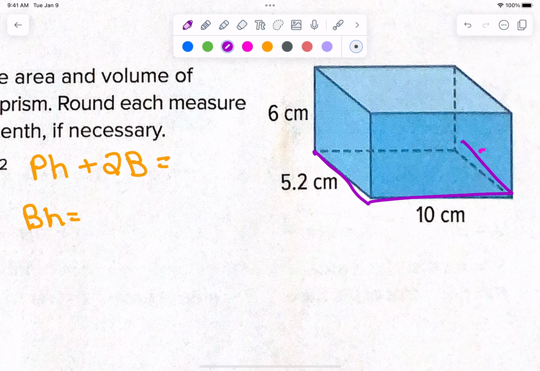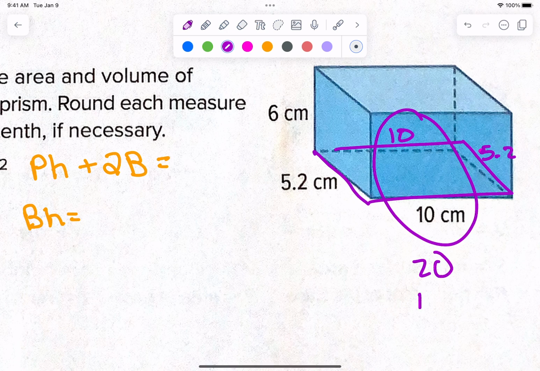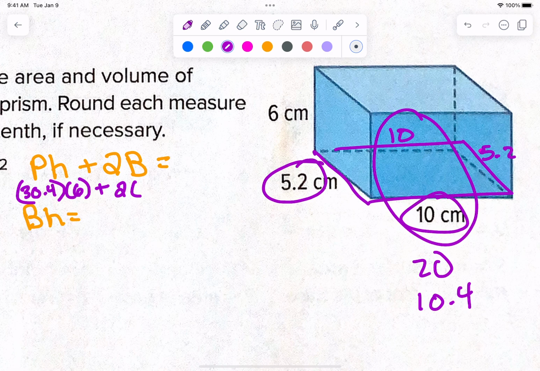This plus this plus this plus this, okay? So this is 10 and this is 5.2. All right, 10 and 10 make 20. 5.2 and 5.2 is 10.4. What's that going to be? 30.4, okay? Times the height, which is 6, plus 2 times, what's the area of the base going to be? What's 5.2 times 10? 52, you just moved the decimal, right?